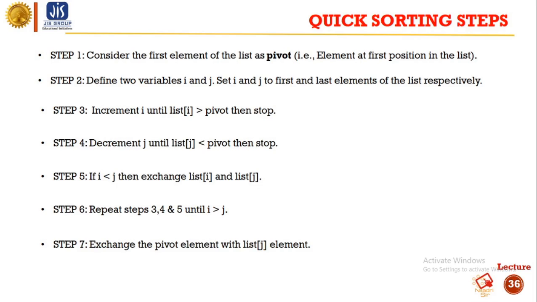Next, we decrement j until list[j] is less than or equal to pivot, and then we stop. After that, if i is less than j, we exchange the values of list[i] and list[j]. In the next step, we repeat steps 3, 4, and 5 until i is greater than j. Then we exchange the pivot element with the list[j] element.